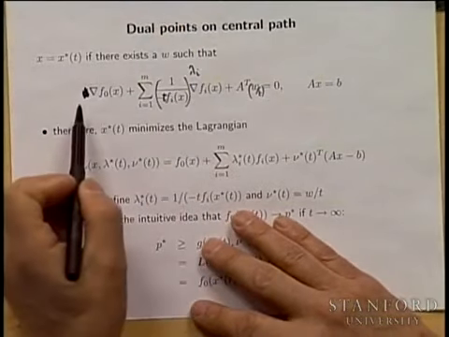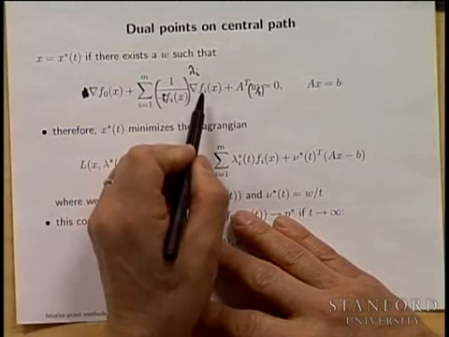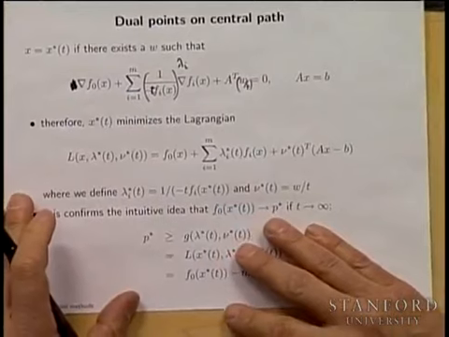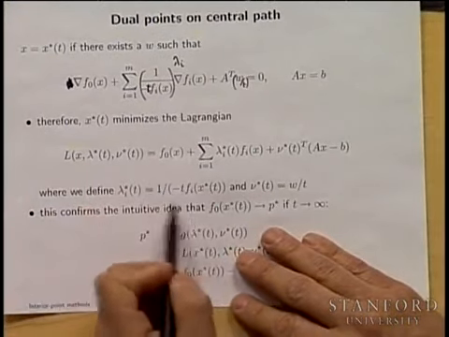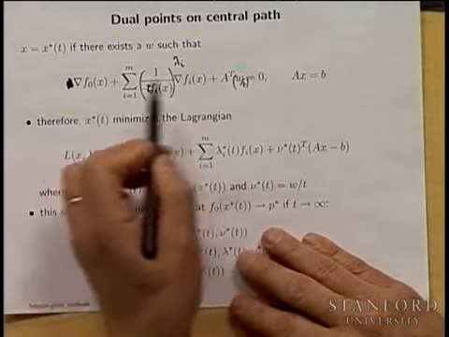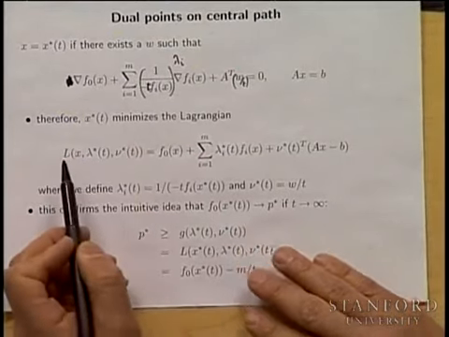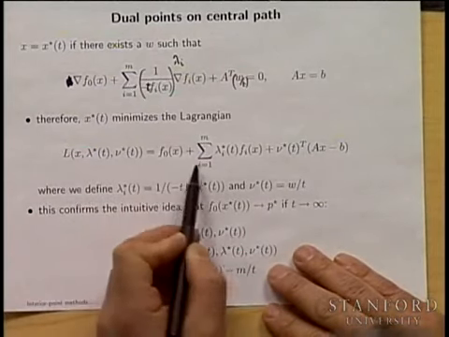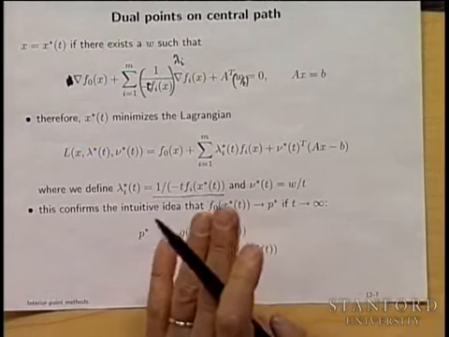Then you look at this and say, wait a minute, this is grad f0 plus the sum of lambda i grad fi plus A transpose times something equals 0. If you define lambda i this way, this equality means that if you're on the central path, you actually minimize the Lagrangian with this value of lambda. Okay? So that's the picture.